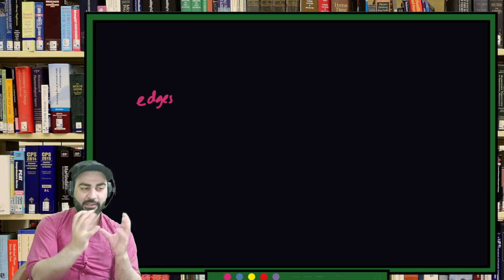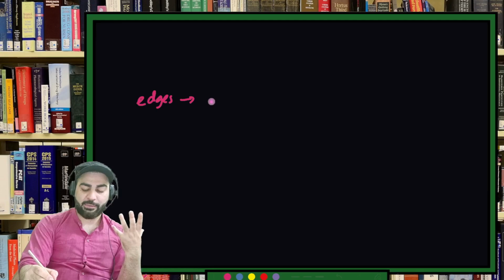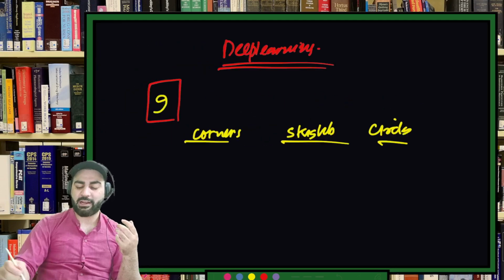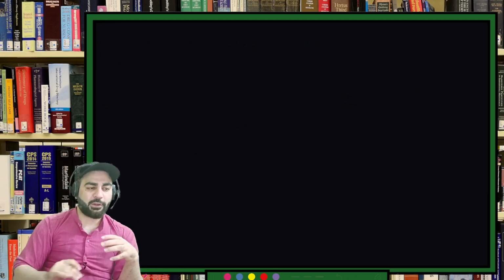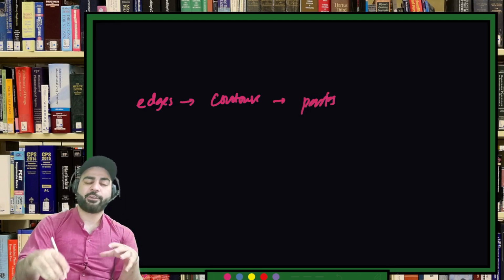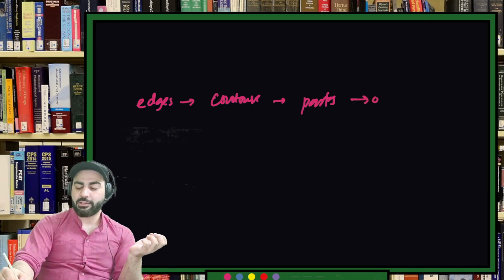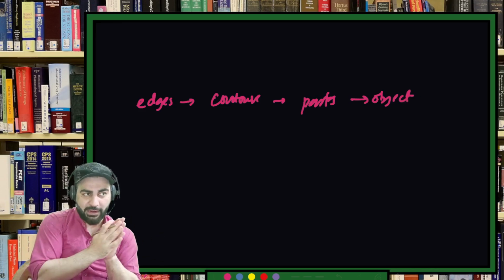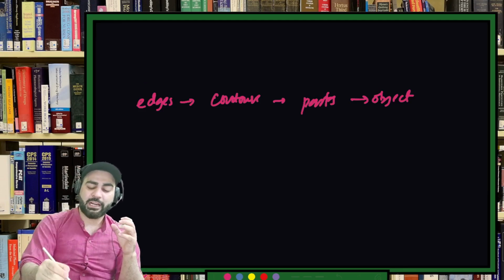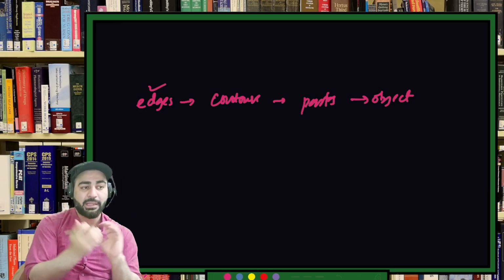After we have the edges, we define what are called contours, which are basically the circles I wrote here. Then we get different parts of the object, because edges form contours, contours form parts, and parts form the whole object. So we have different levels: edges combine to form contours, contours combine to form parts, and parts combine to form objects.